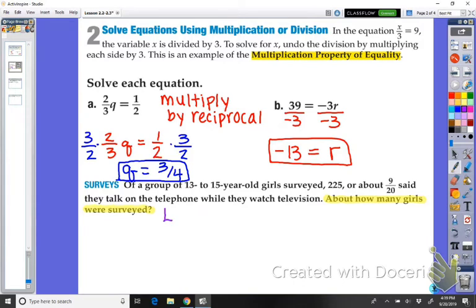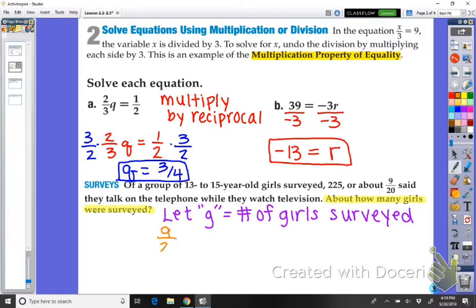So we'll say let G equal the number of girls surveyed. And I'm going to kind of rephrase what this word problem is saying. They're saying 9/20 of the group is 225 girls.